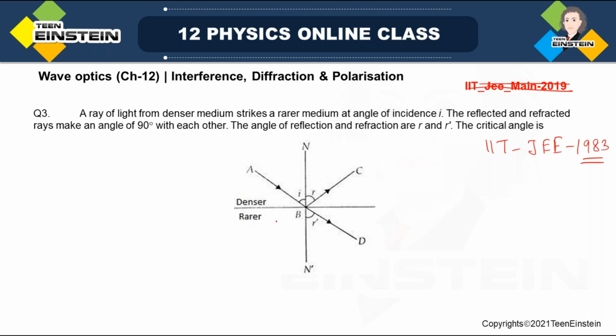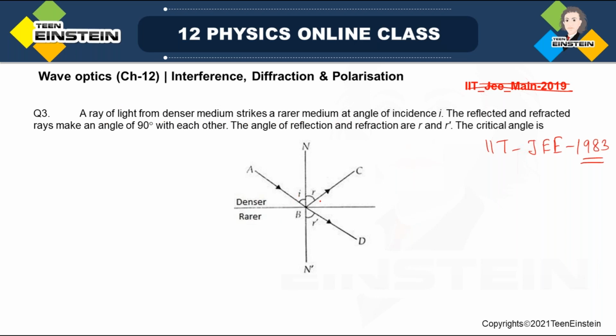So, what is this question saying? A ray of light from denser medium strikes a rarer medium. So this is denser medium, this is rarer medium. You can think of water to air, okay? A ray of light from denser medium strikes a rarer medium at an angle I at the interface, as you see here.